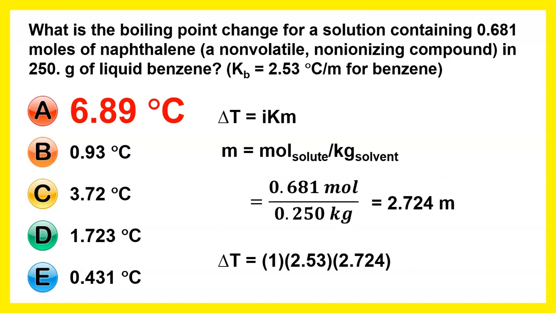Since it was non-ionizing, my van't Hoff factor, my i value, is a 1. It tells me that this is how much higher the boiling point will be for every molality there is. And I have this many molalities. So I find out it's going to boil about 6 degrees hotter.